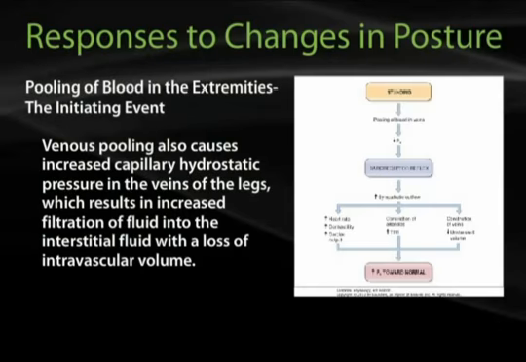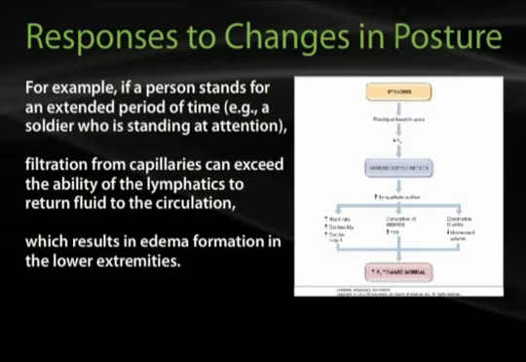This venous pooling also causes increased capillary hydrostatic pressure in the veins of the legs, which results in increased filtration of fluid into the interstitial fluid with a loss of intravascular volume. For example, if a person stands for an extended period of time, that is, a soldier who is standing at attention, filtration from capillaries can exceed the ability of lymphatics to return the blood to the circulation, which can result in edema formation in the lower extremities.